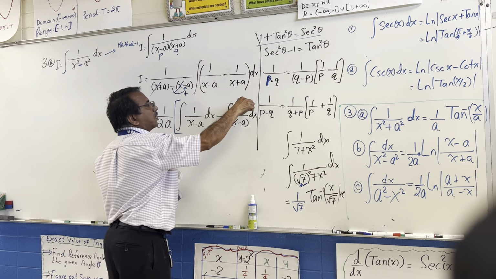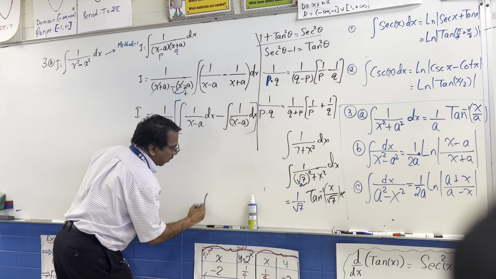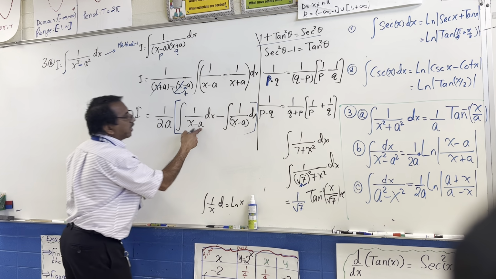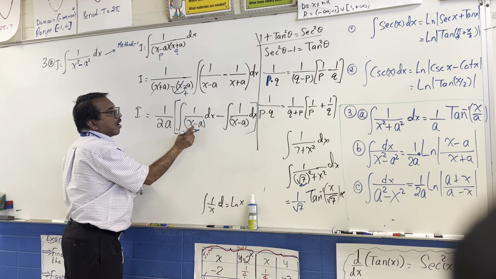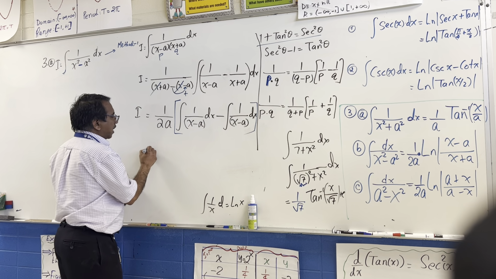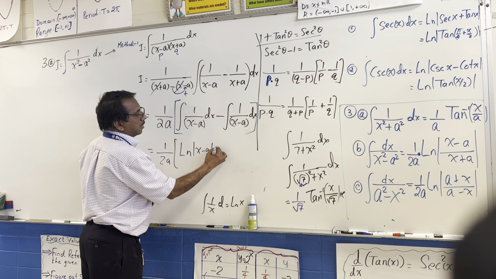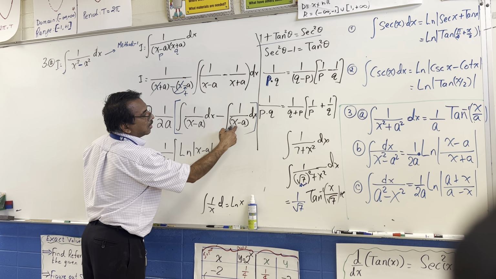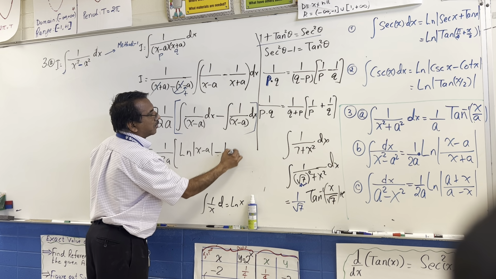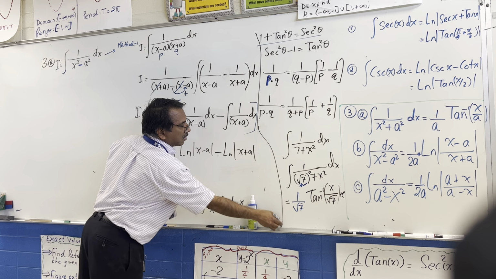And then you do know the value for this. The integral of 1 over x is ln of x, right? So here it is x minus a, and because the derivative of the denominator x minus a is 1, we can directly write it as 1 over 2a ln of x minus a, minus, again the same thing, ln of x plus a, plus c.